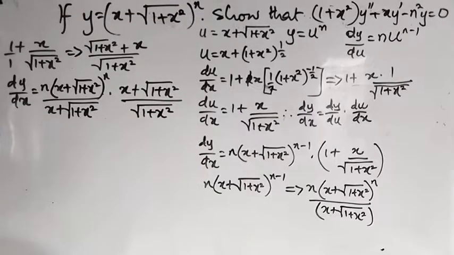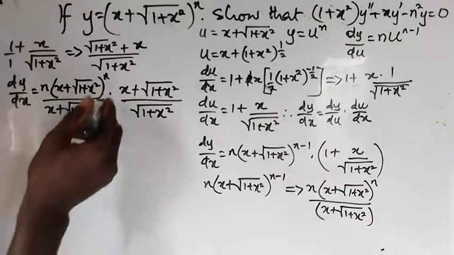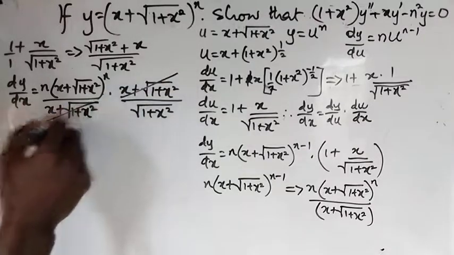Now you can see that this is the same thing as this, and since it is multiplication, let us cancel out.